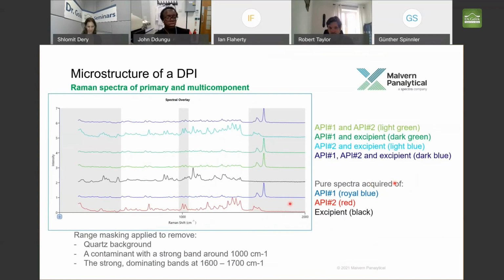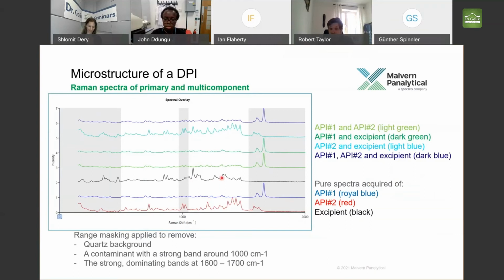What we see on screen now is a series of reference spectra, and the first 3 at the bottom relate to the pure materials. So we have API 2 in red, API 1 in blue, and then the excipients in black. We're only going to focus on one of the APIs in this particular study.